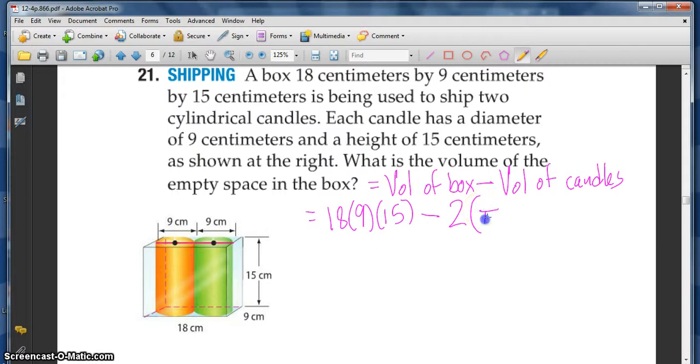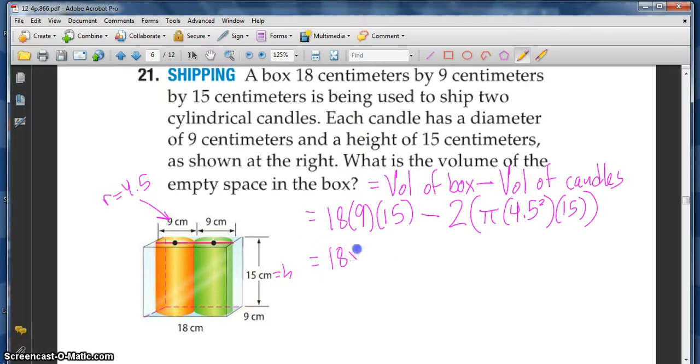So we have pi r squared h, where our diameter is 9, so our radius is half of that, or 4.5. So we'd have pi times 4.5 squared, times our height, which is 15. That's the volume of one candle, and I'm multiplying that by 2 because I have 2 candles.